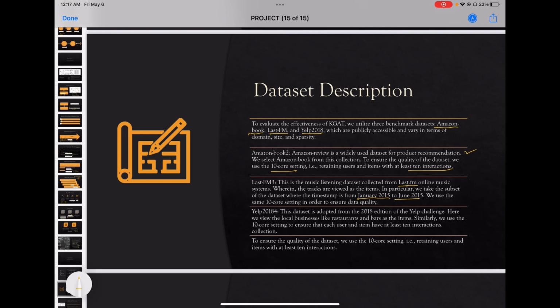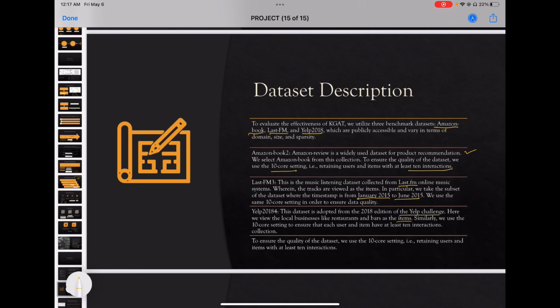The last data set is the Yelp 2018. This data set is adopted from the 2018 edition of the Yelp Challenge. Here, the local businesses like restaurants and bars are viewed as items.